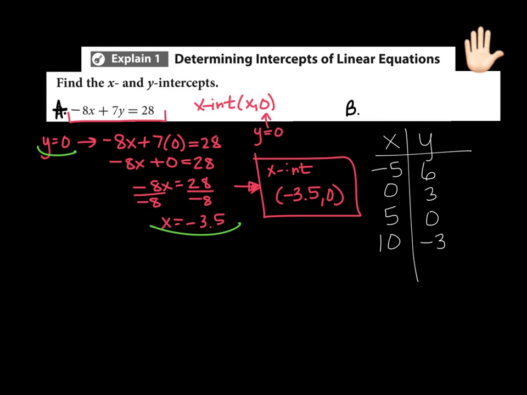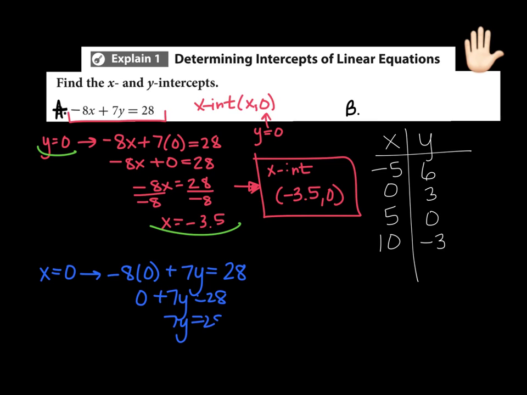I'm going to do the same thing to try to find my y-intercept. So remember, for y-intercepts, the x is 0, so I'm going to plug 0 in for x now. So that's 7y. I'm going back to my original equation, that's why I've written y in this time. So 0 plus 7y equals 28. 7y equals 28, which means if we divide, y is going to equal 4.